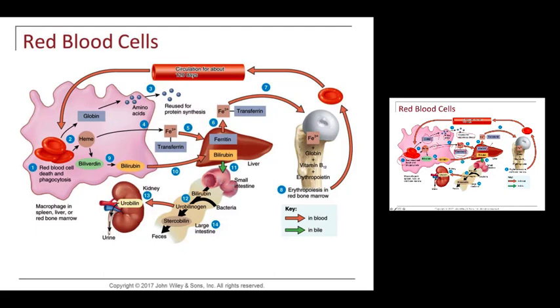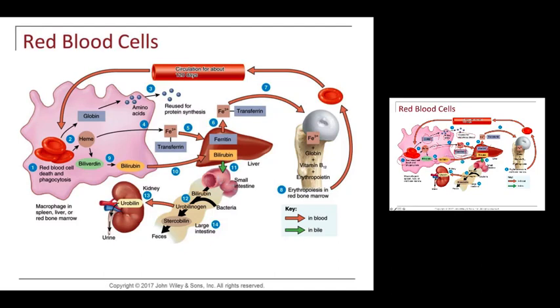If ferritin is high and iron is low, maybe they don't have the appropriate cofactors to push iron out of the liver into the blood, which could be causing an anemia, right? Sometimes you need copper to mobilize stored iron into circulation. Okay, and then you have biliverdin that gets broken down and catabolized into bilirubin, right?